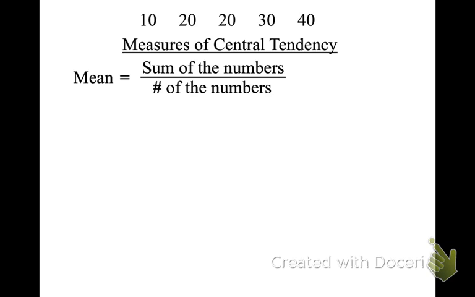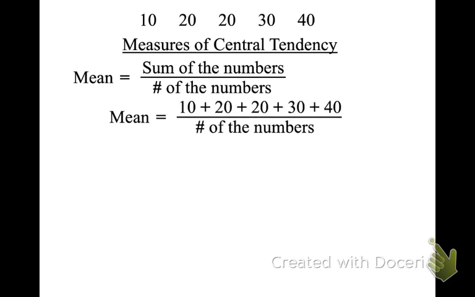So here we're doing 10 plus 20 plus 20 plus 30 plus 40. And since there are 5 numbers, we're going to divide that total by 5. So when I add that up, 30, 50, 80, and 40 is 120 divided by 5. So the mean, which is basically an average, would be 24. Okay? The mean, the average, would be 24.